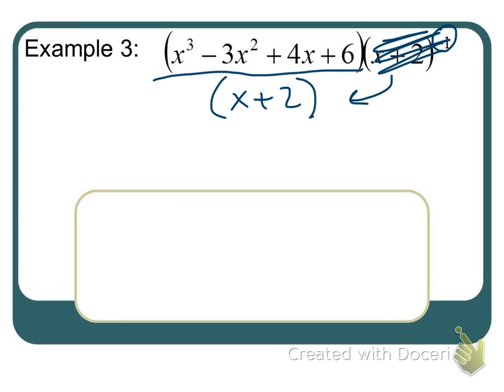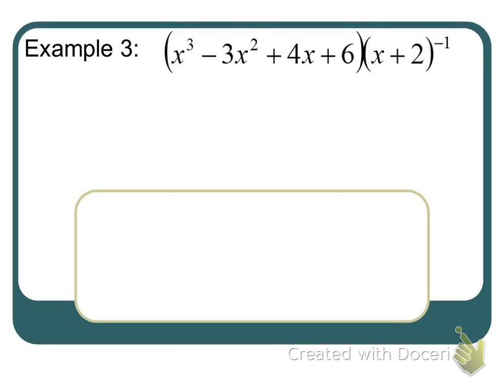And so it's equivalent to writing x cubed minus 3x squared plus 4x plus 6 divided by x plus 2. So this is just a clever way, or maybe not clever, another way to write long division, or divided by, the operation of division. We're going to use the long division process.